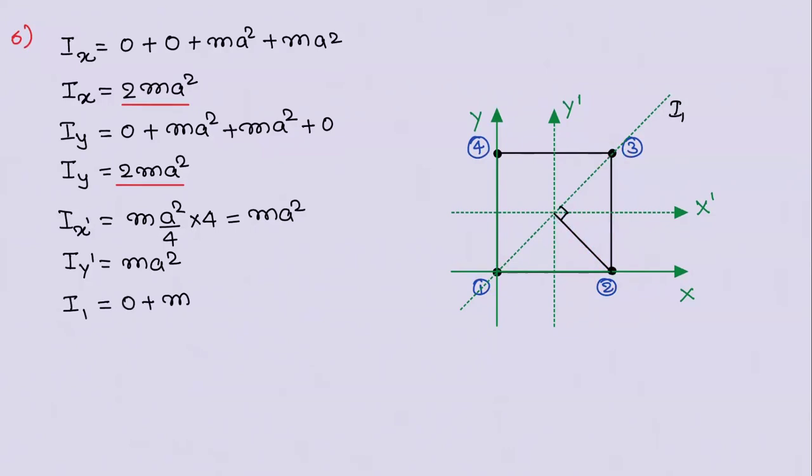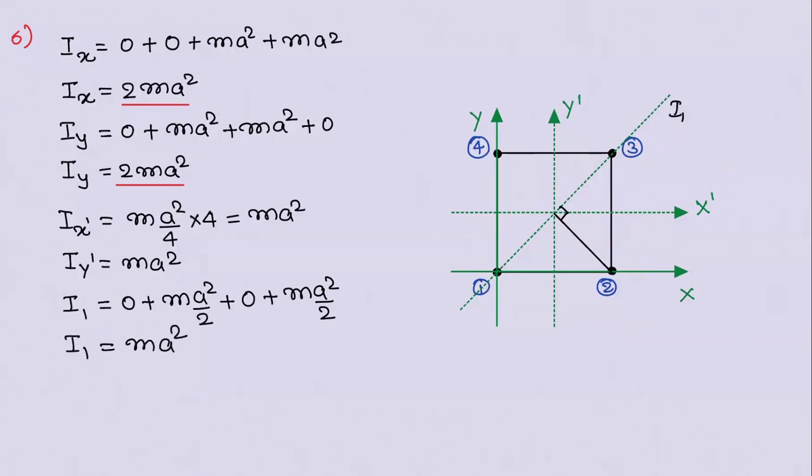A by root 2 whole square, a square by 2. That's the moment of inertia of particle 2. Plus particle 3 is 0. Particle 4 is the same, ma square by 2. Sir, particle 2 is on the right hand side, particle 4 on the left hand side, so don't we use a minus sign? No. Moment of inertia? No. Right. So the final answer is I1 is equal to ma square.